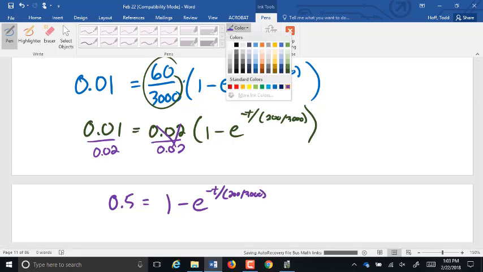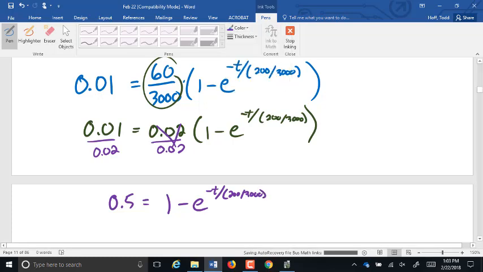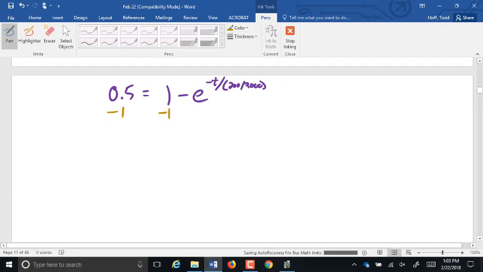And then subtract 1, so this is now negative 0.5 equals negative e to the negative t over. And then multiply by negative 1 to make them both positive.